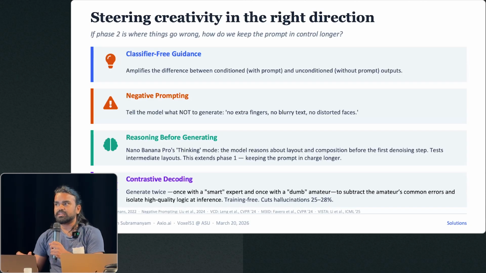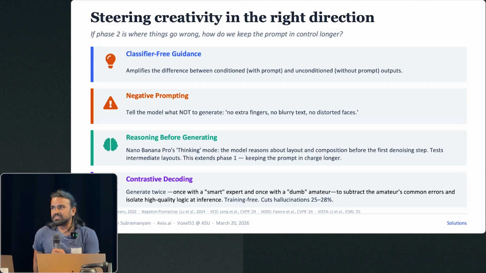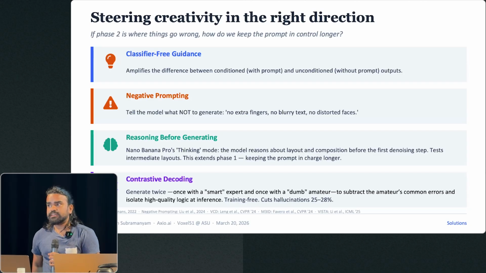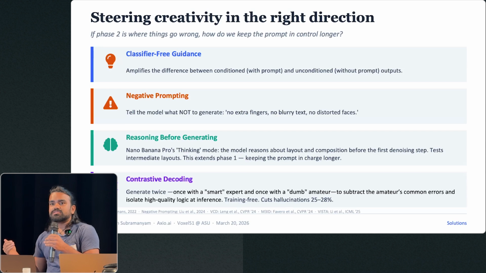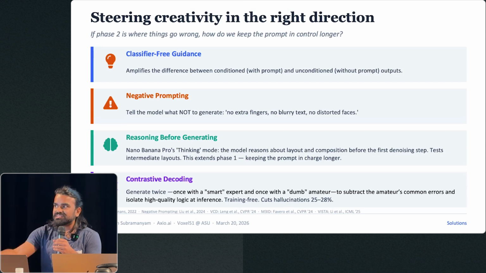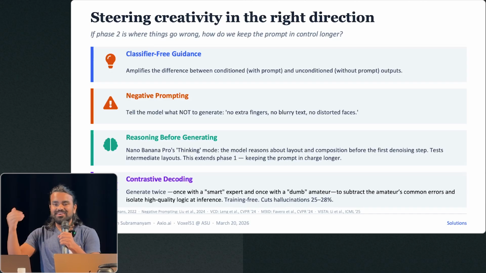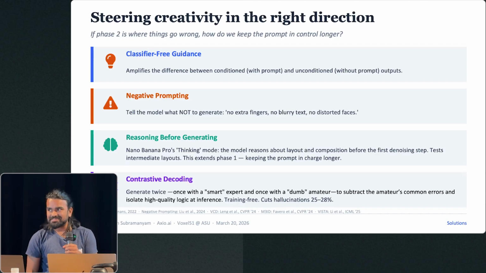So we try to close that gap as much as we can through classifier-free guidance, or we can keep putting 20,000 instructions in the prompt, saying don't generate extra fingers, no blurry text, and that list can keep going on and on after you see what the outcomes are.